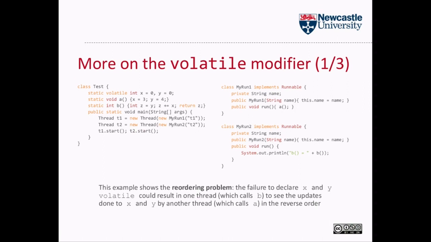So I'm not doing x equals 3 first and then y equals 4, or I'm not getting the value from y and then incrementing z and returning z, but I'm shuffling a bit the order of operations. So this problem, when the variables are not declared volatile, is called the reordering problem, because the thing that you're perceiving is as if the program was rewritten.